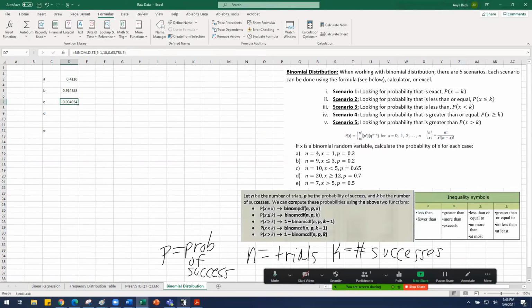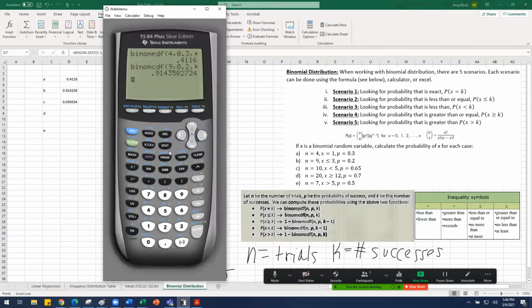We'll check this in the calculator. Second vars. So let's check again. It said option C, X less than 5. So we go to the table. X less than a number, you need the binomial CDF, which is option B. And then it says you need NPK minus 1.